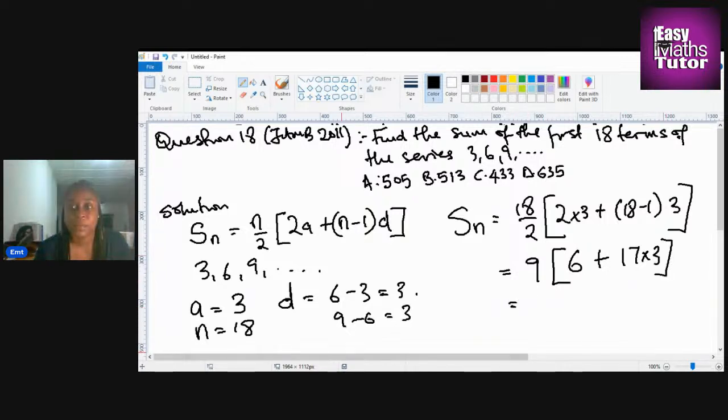So we're quickly going to calculate. 9 bracket 6 plus 17 times 3 gives us 51.